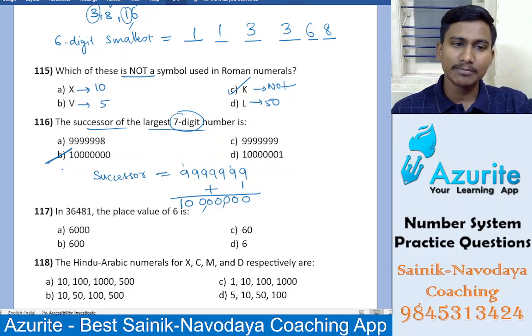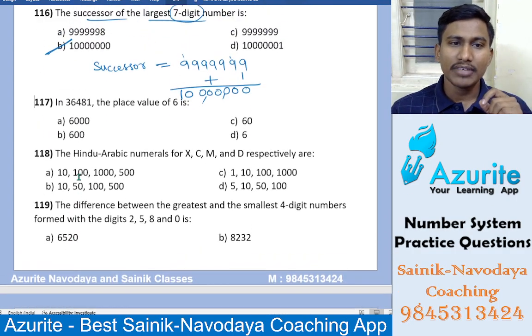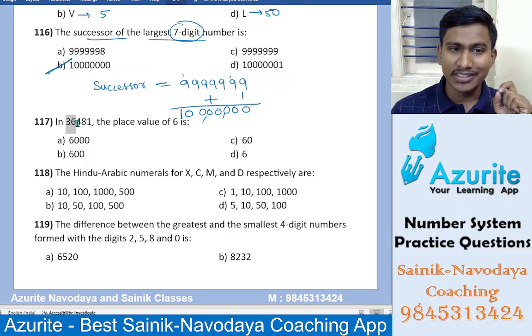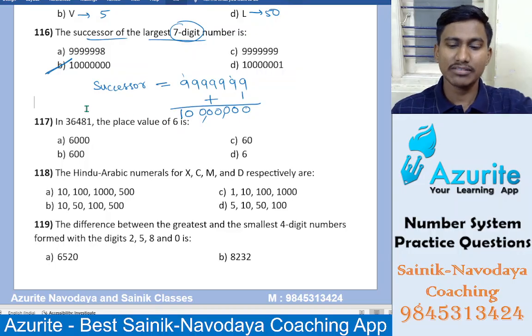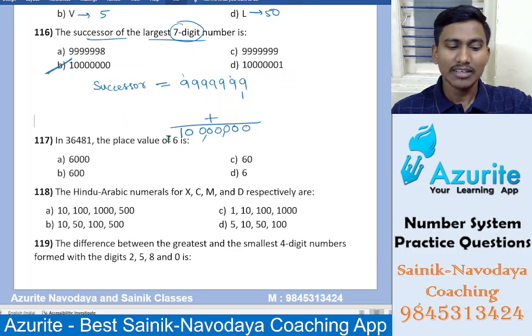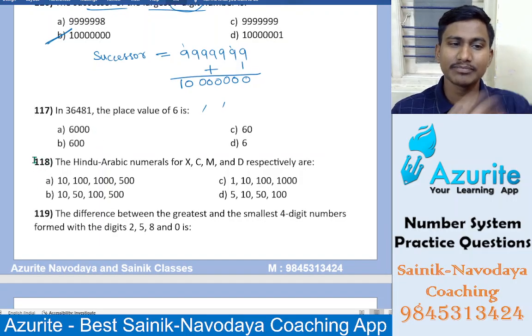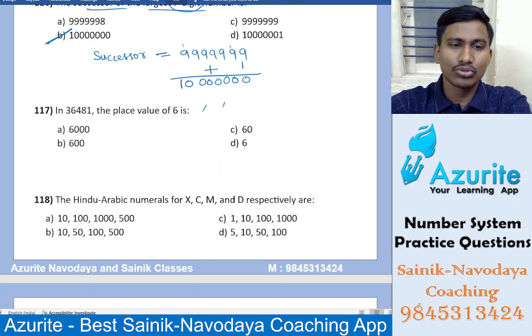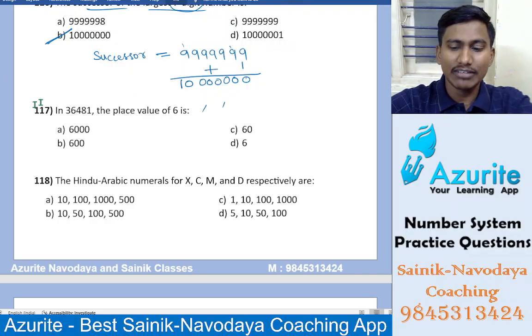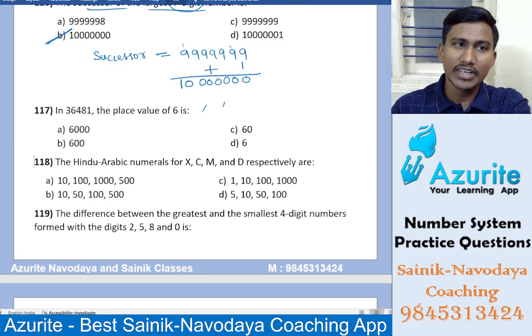Now let's do the next question, that is 117. What is the question? In 36,481 the place value of 6. So you know the place value. What do you mean by place value? We have to take the number and write it down.